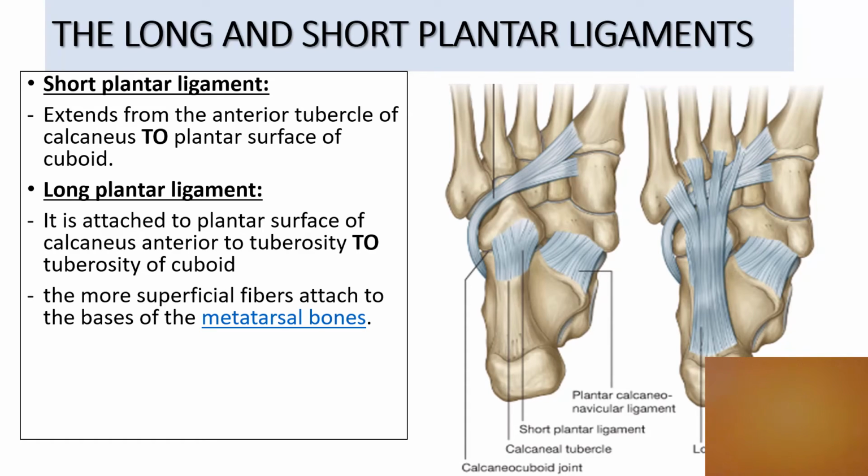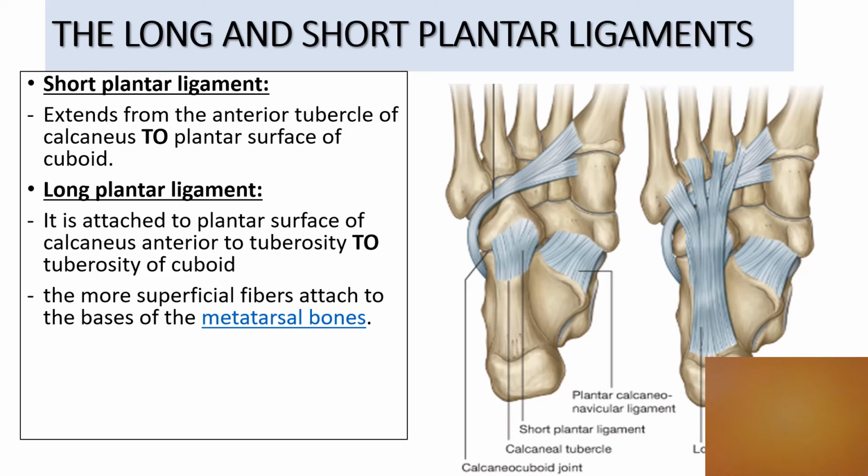The short plantar ligament extends from the anterior tubercle of the calcaneus to the plantar surface of the cuboid, while the long plantar extends more posteriorly from the tuberosity of the calcaneus, just anterior to it, and then anteriorly spreads to attach to the cuboid and to the bases of the metatarsal bones by its most anterior parts.